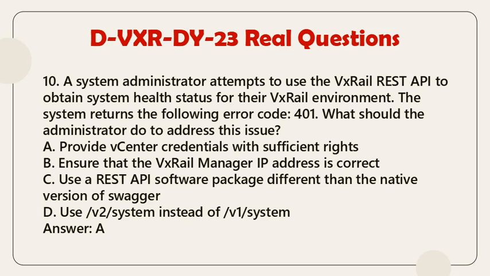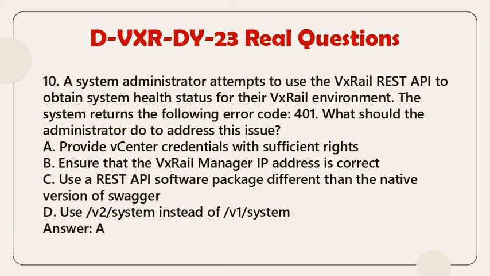10. A system administrator attempts to use the VxRail REST API to obtain system health status for their VxRail environment. The system returns the error code 401. What should the administrator do to address this issue? A. Provide vCenter credentials with sufficient rights.